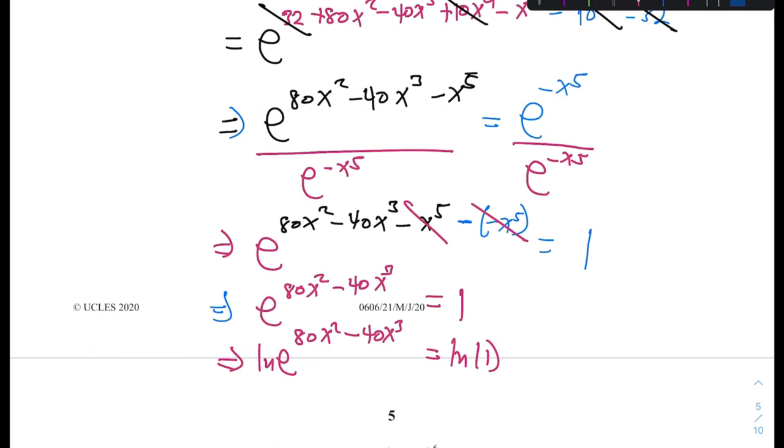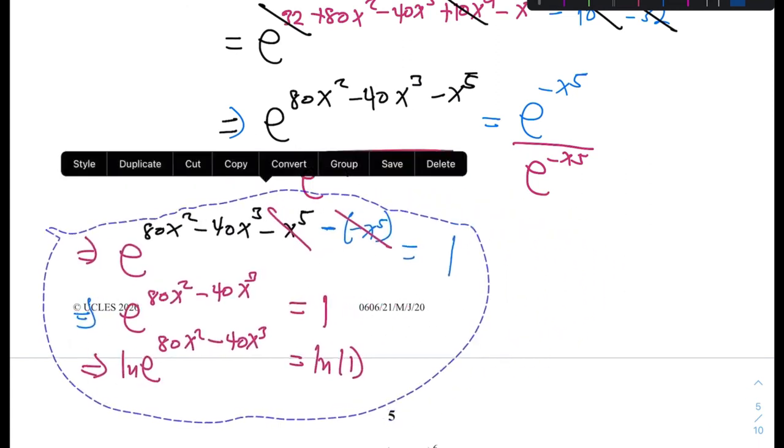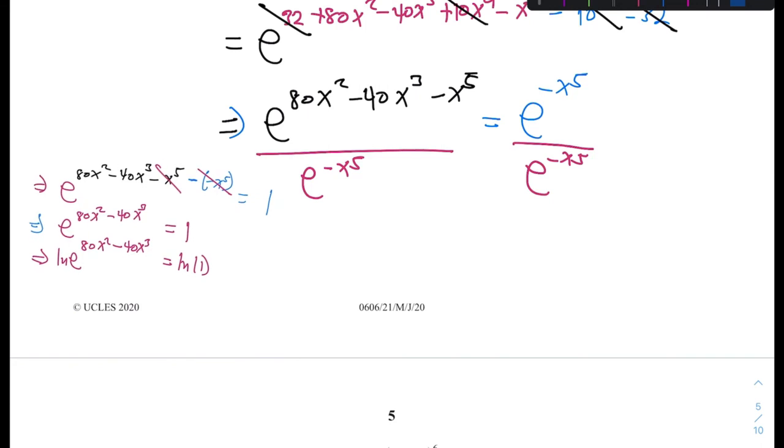So that means, okay, let's do this. I think we need space here to work the remaining part. So this thing, we can just squeeze it and drag it here. All right, and then continue the workout. Okay, so that will just become 80x squared minus 40x cubed is equal to 0.